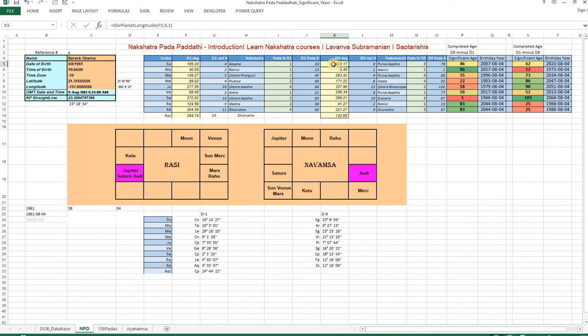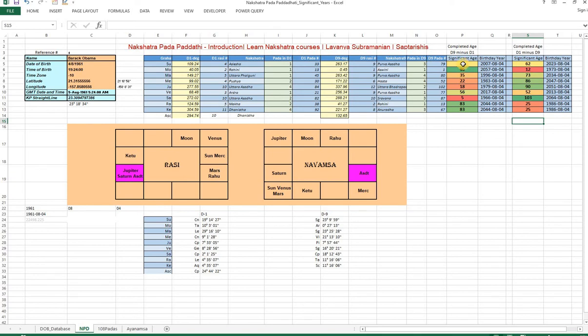So you get a D9 degree from that, and I have done all that here. It's all possible in Jagannatha Hora or any software. Similarly, you repeat the same calculations for the D9. And as I said, you get significant years based upon the difference between these two, D9 minus D1 or D1 minus D9.